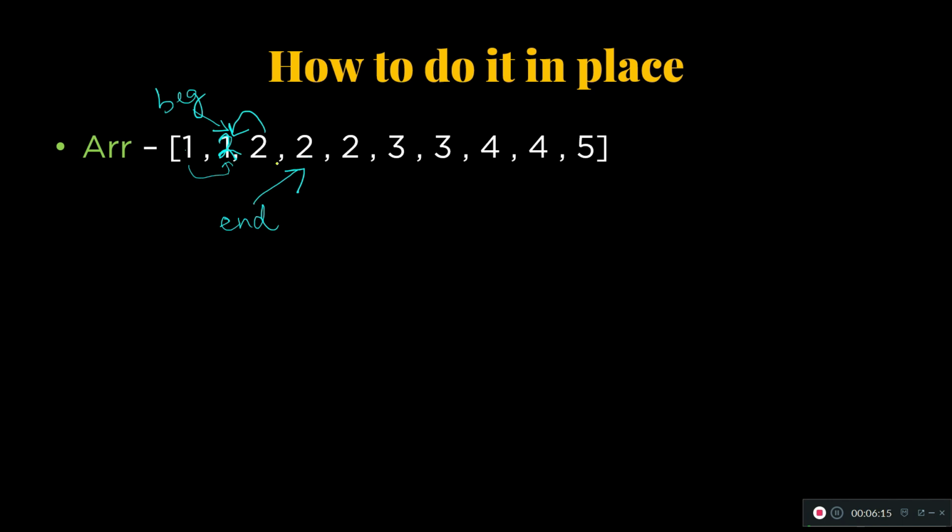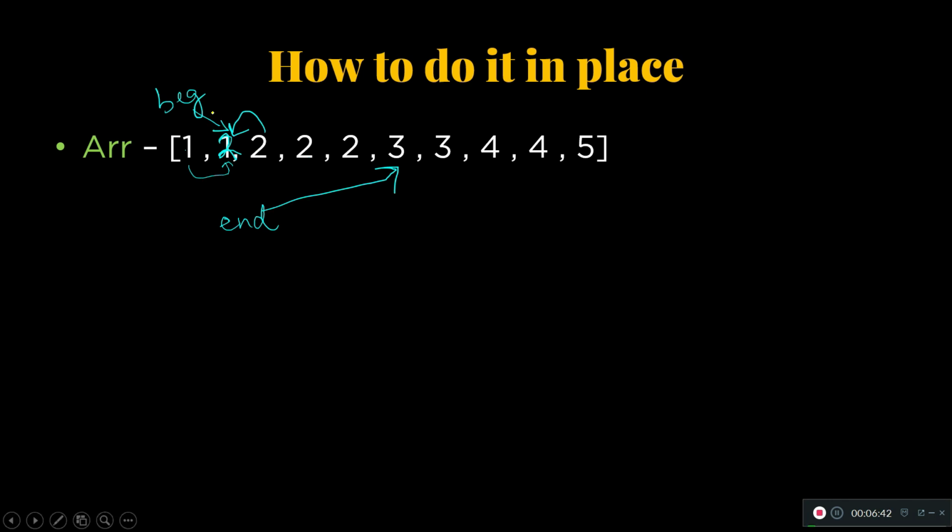As long as the element pointed by beginning is equal to end, we keep moving end forward. So 2 is equal to 2, we will move end to here. Again we see that 2 is equal to 2, so we will move this to here. So now we have a non-duplicate element.